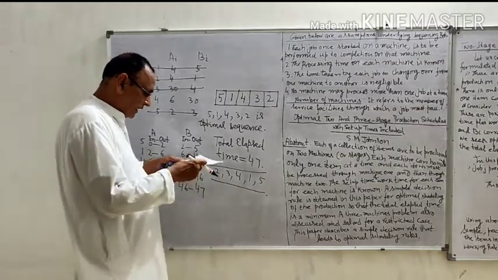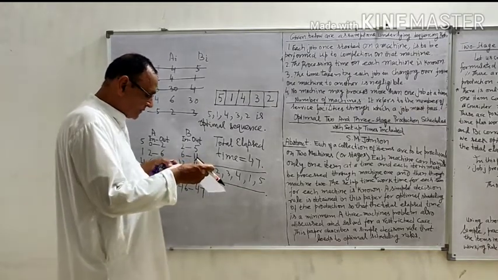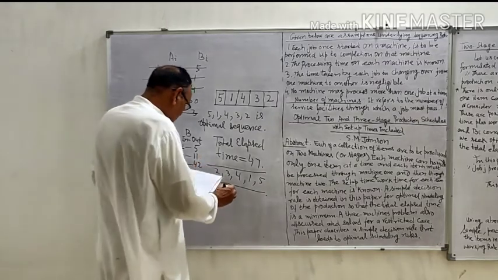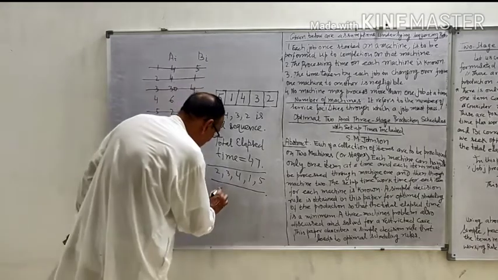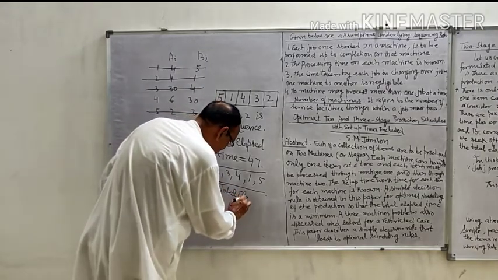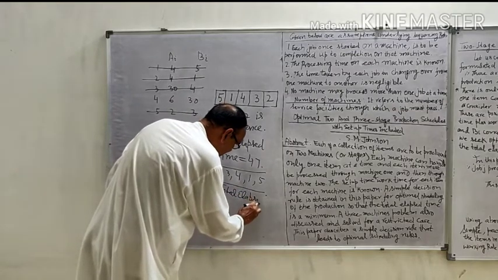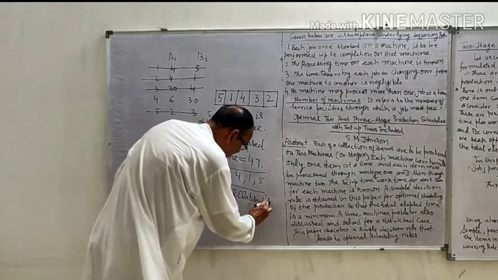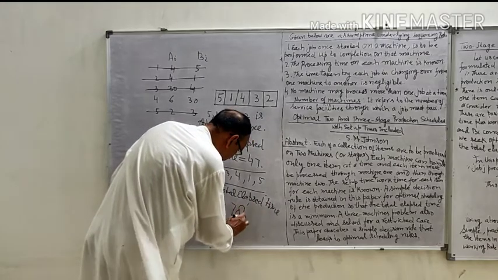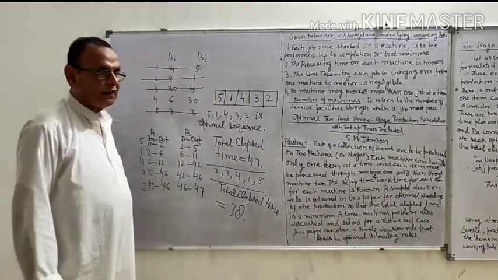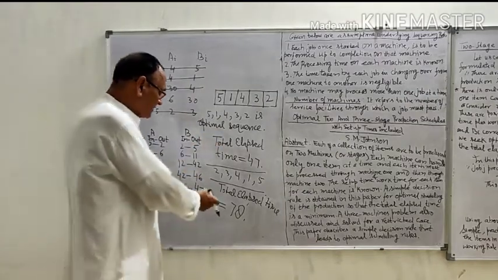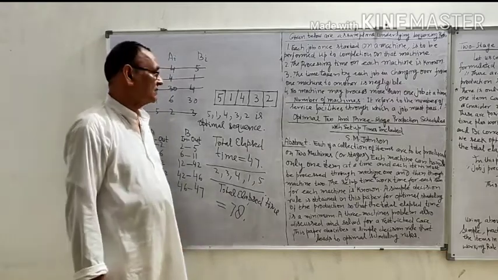You calculate the total elapsed time for this sequence, and the total elapsed time is equal to 78 hours. So you can check, this is 47, but another sequence is giving 78 hours.